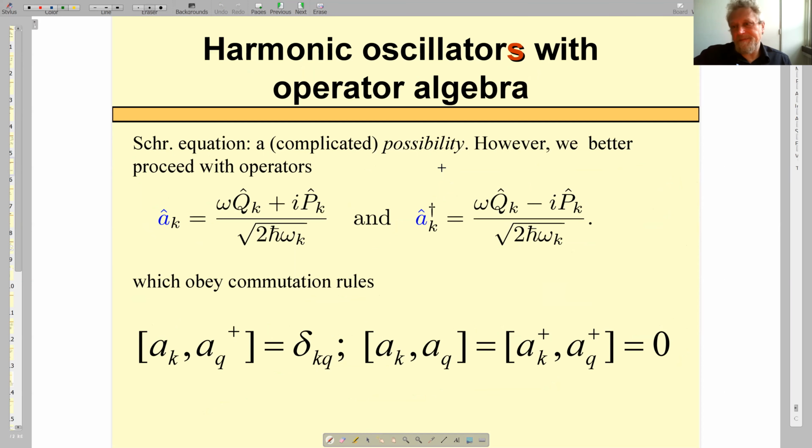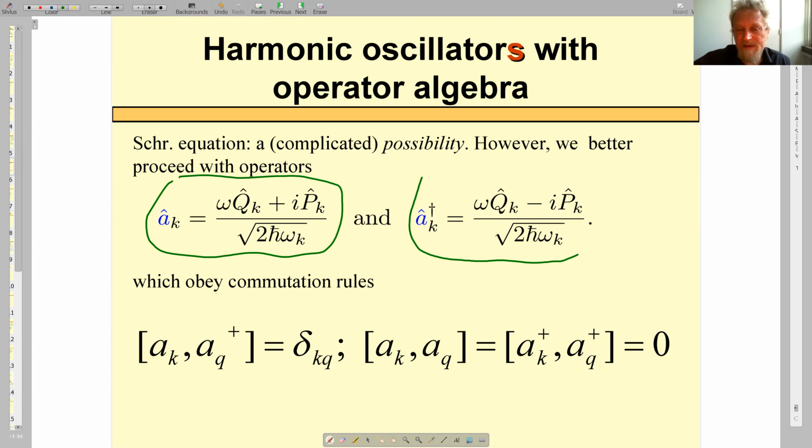Good. Again, we treat this system of harmonic oscillators with operator algebra. One could write the Schrödinger equation, but in that case, it really becomes too complex, with Hermite polynomials for each of these oscillators. So we better do it differently. We better proceed with operators. For each oscillator, we define an individual operator A, which is not equal to its conjugate.